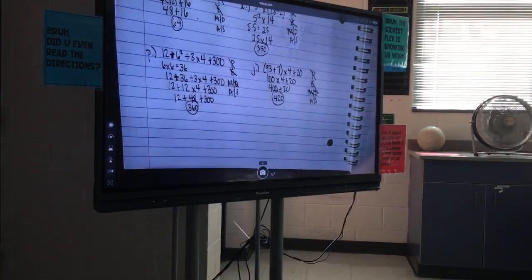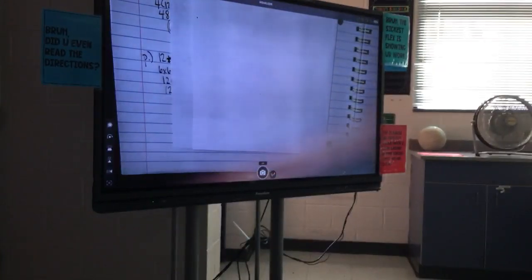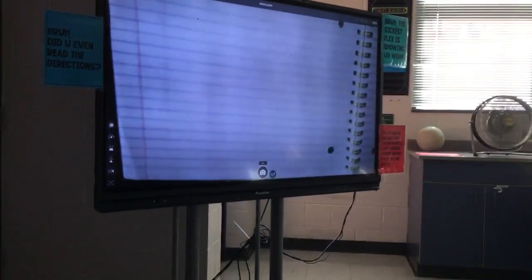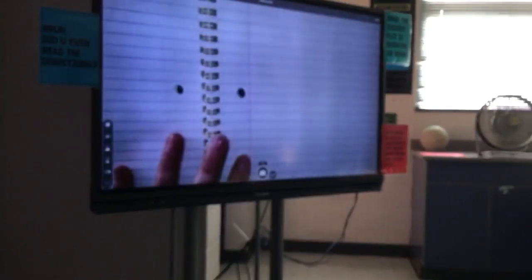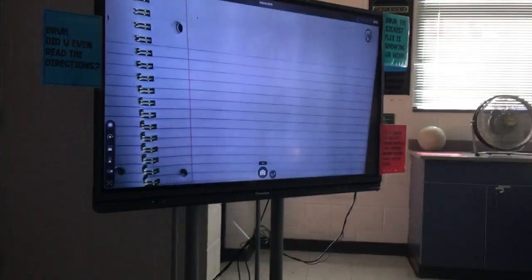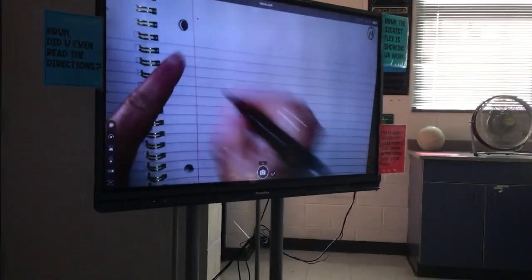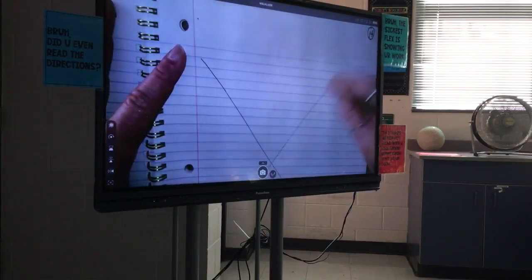All right, in your notebook, turn to the next blank page. Did you guys use page 14? Okay, so if you did not use page 14, you're just going to put an X on it. If you used it, don't do anything to it.